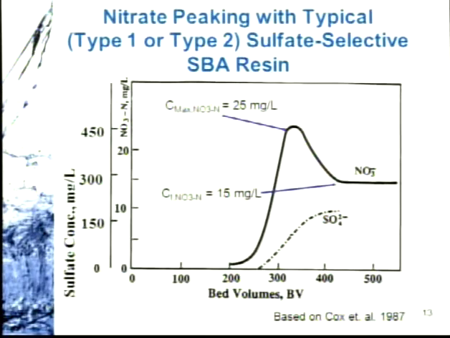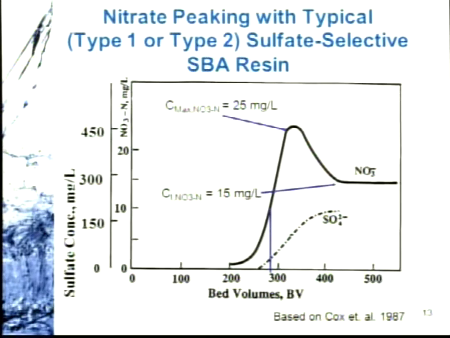And because that sulfate outcompetes for that nitrate, once the nitrate's been removed to its exhaustion point, the sulfate starts displacing the nitrate, and that's why for a short period of time, you have nitrate concentrations on the treated water side of an individual vessel that will be higher, approximately 2.5 times higher than that of the raw water.